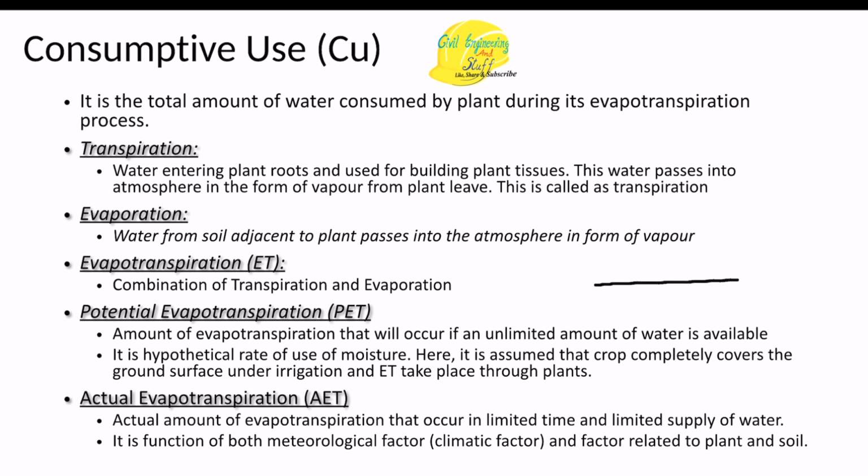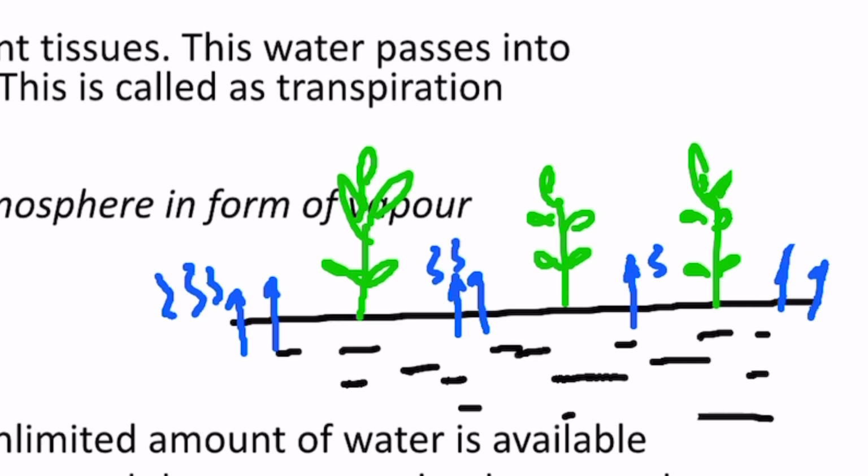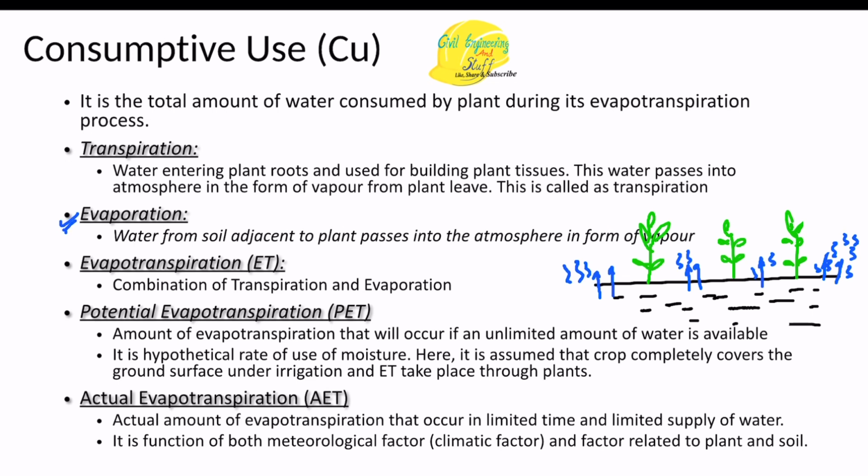So, in a soil, let's say this is your soil, and in this soil you have grown certain crop, and of course, irrigation is done to fulfill the nutrition need of these crops. Now, whatever moisture loss is taking place from the neighboring soil in the form of vapor is what we define as evaporation.